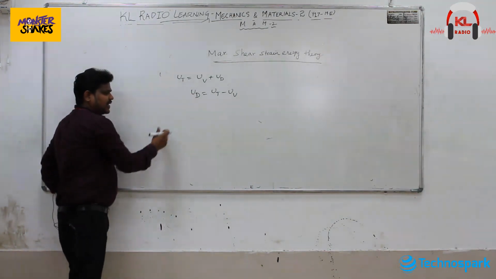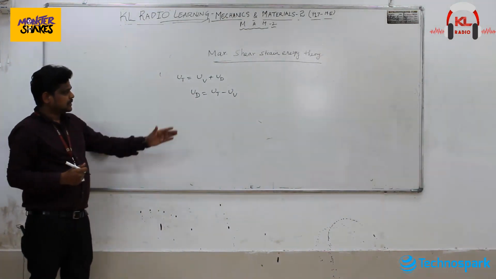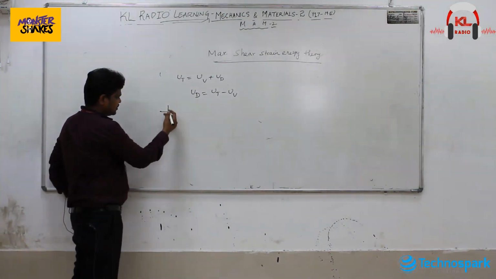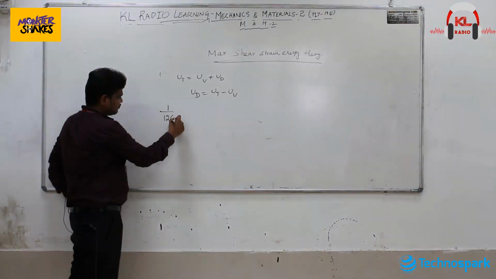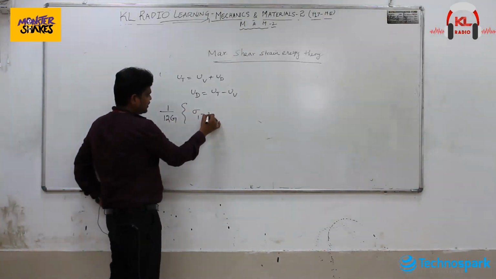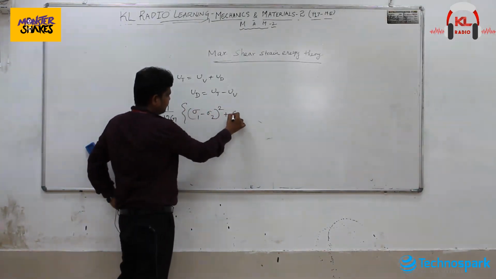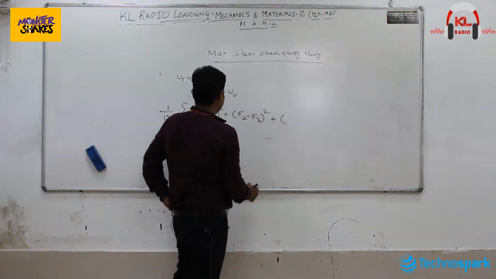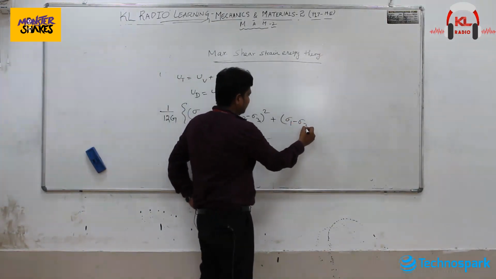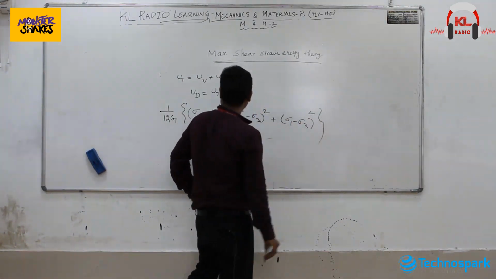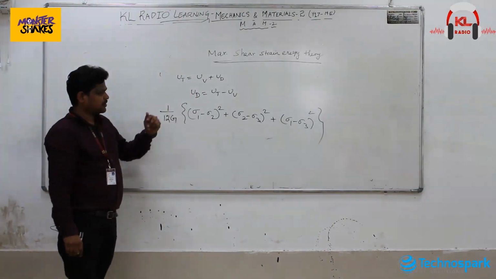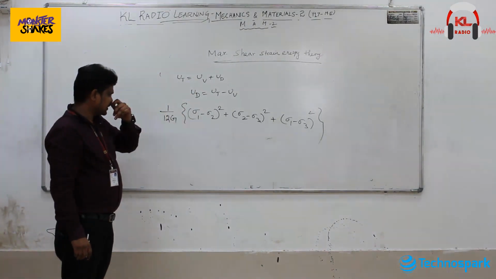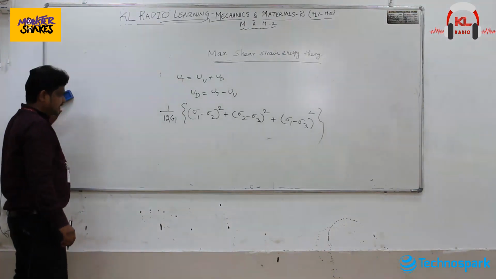So the distortion energy, by substituting all those terms, reduces to 1 by 12G times sigma 1 minus sigma 2 whole square plus sigma 2 minus sigma 3 whole square plus sigma 1 minus sigma 3 whole square. So this is my distortion energy. I am not showing those equations; I am directly writing the equation which I have already derived.